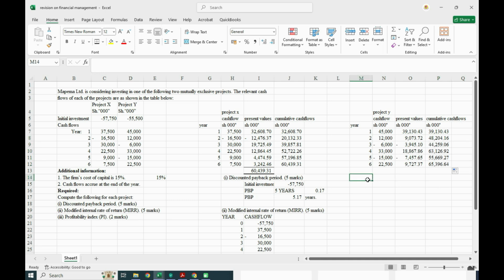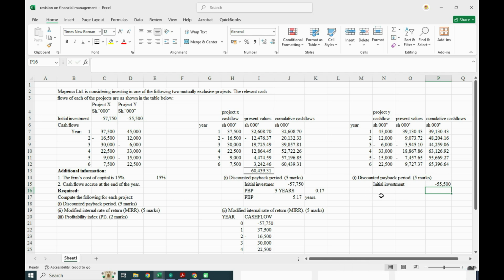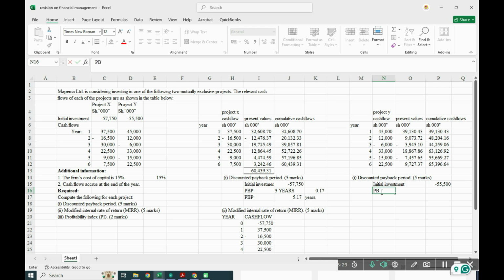And to answer Roman 1 still on this particular project, the payback period, our initial investment for this one is negative 55. These figures are not adding up correctly, because you cannot have 63 then you have 55.